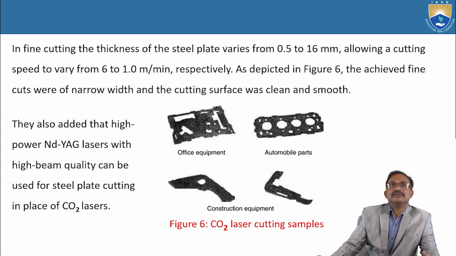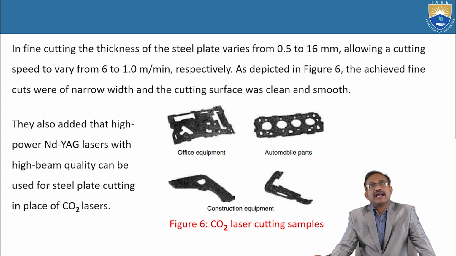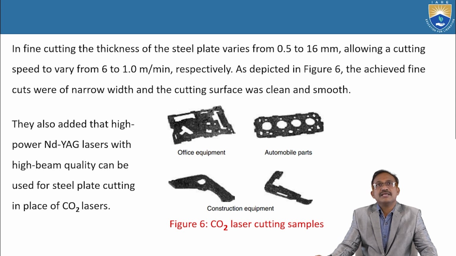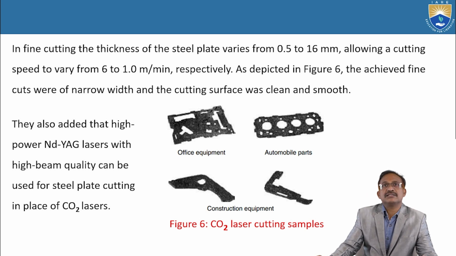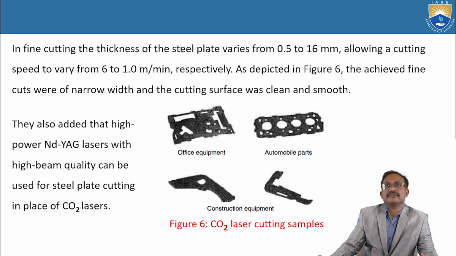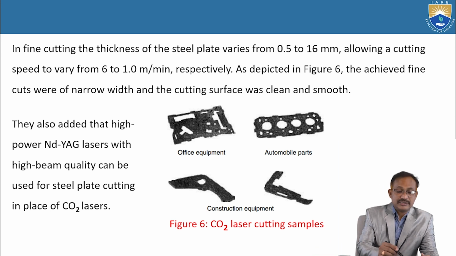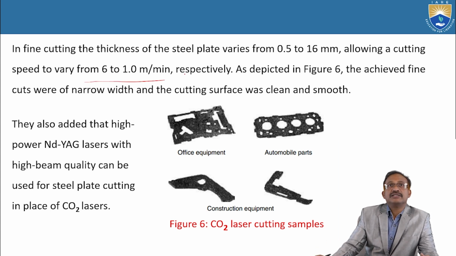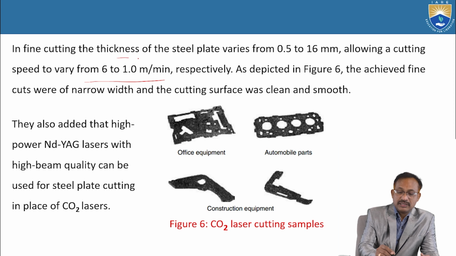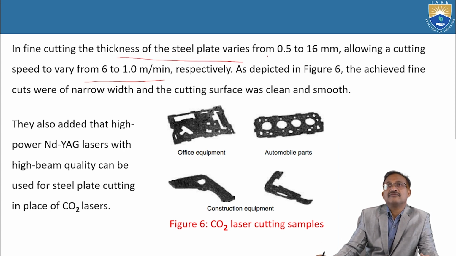In fine cutting, the thickness of the steel plate varies from 0.5 to 16 millimeters, allowing the cutting speed to vary from 6 to 1 meters per minute respectively.